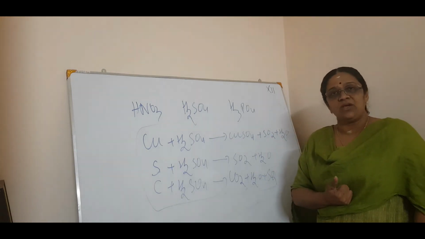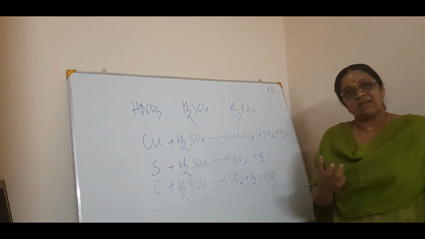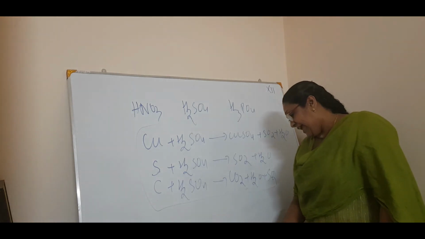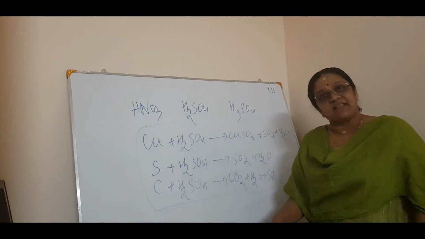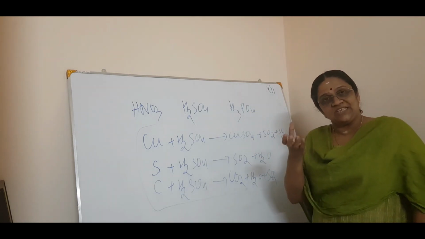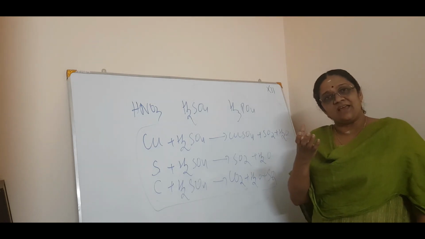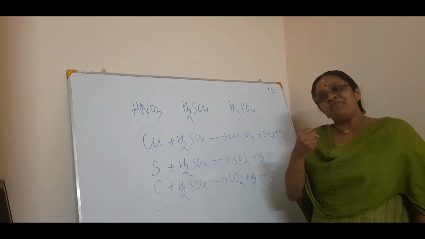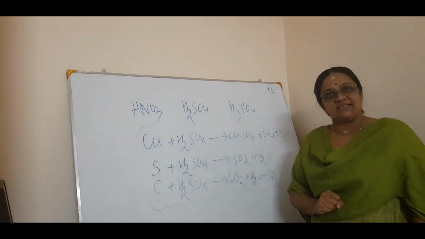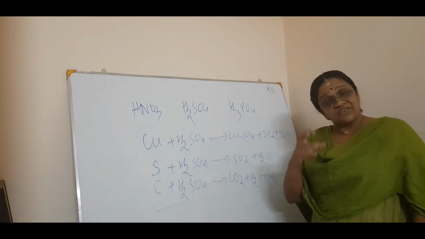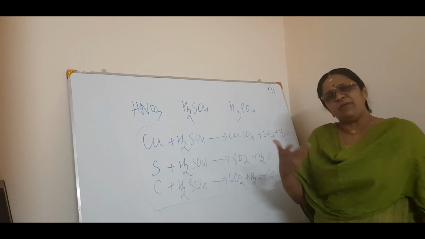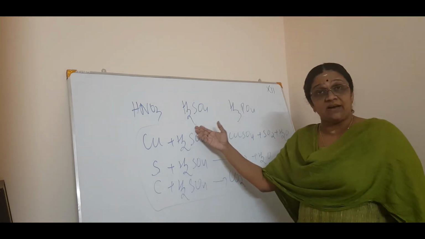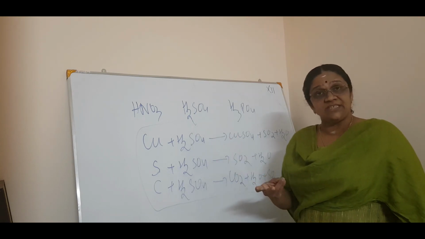There is a saying that a nation's industrial strength is measured by its consumption and uses of sulfuric acid. So many purposes are there. Just study one or two, such as oxidizing agent and dehydrating agent.